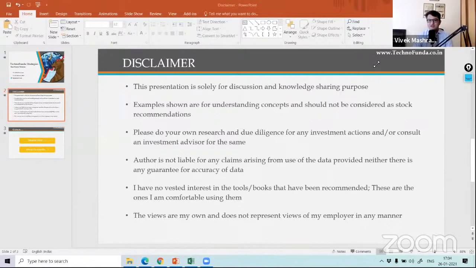I don't have any affiliation with screener.in. It is just that they are providing this free Excel for retail investors, and I thought it would be beneficial to create a template which can do more insightful analysis based on that. So that is the standard disclaimer. All the views are personal and don't represent the views of anybody else. Let's get started with that note.